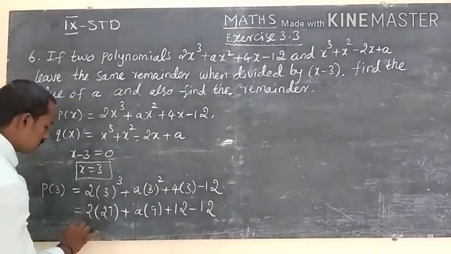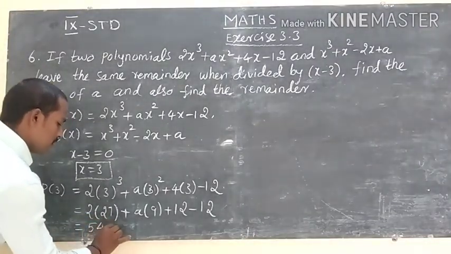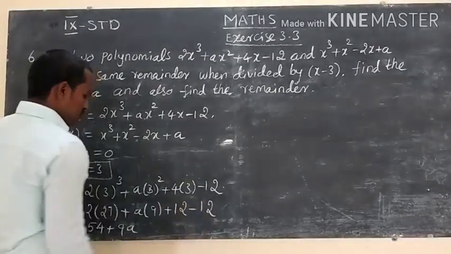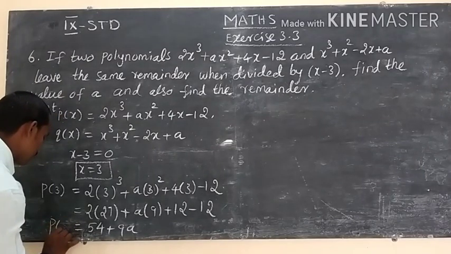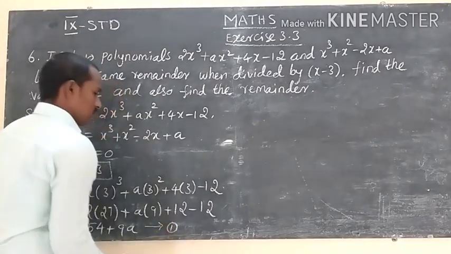Which is equal to 2 times 27 is 54, plus 9 into a is 9a, and plus 12 and minus 12 are cancelled. This is the p of 3 value. Okay, this is number 1.